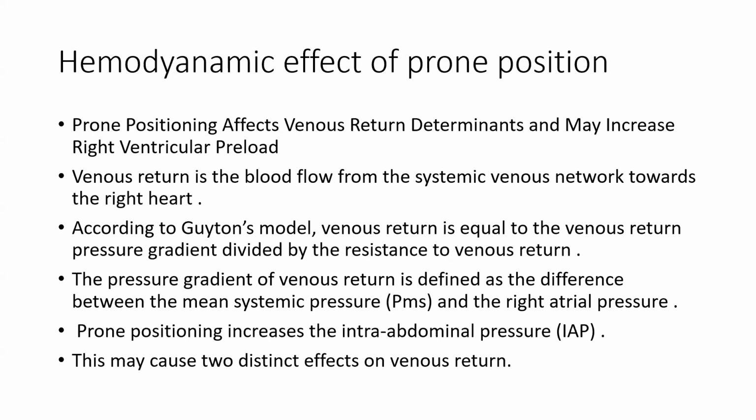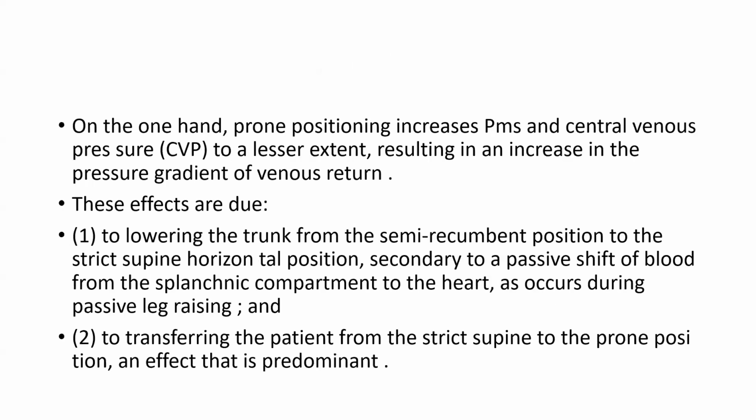The pressure gradient of venous return is defined as the difference between the mean systemic pressure and the right atrial pressure. Because of the prone position, there is also an increase in intra-abdominal pressure, which may cause two distinct effects on venous return. One effect: prone position increases the mean systemic pressure and, to a lesser extent, the central venous pressure, resulting in an increase in the pressure gradient for venous return.